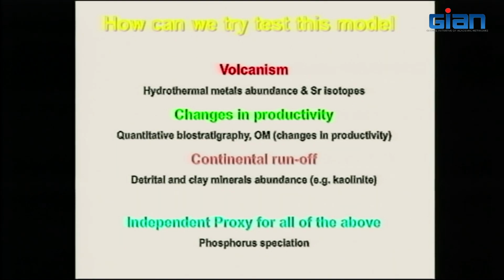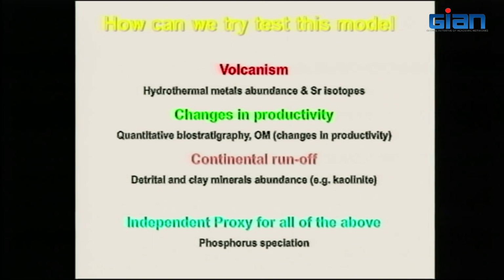We can measure the strontium isotope. I said when strontium isotope ratio is high, this is mainly alteration of the continent, so a lot of greenhouse condition. And if it's pure volcanism, the values will be less.